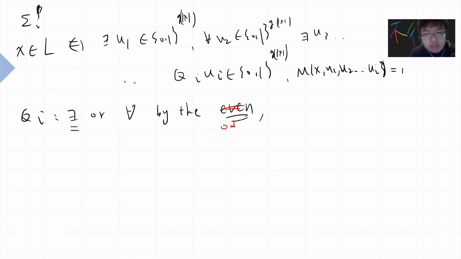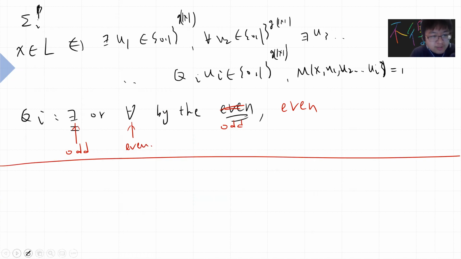So this is the definition of sigma i. For example, sigma 2 is this, with exists and for all, as I just wrote.